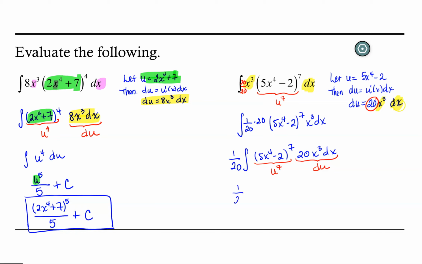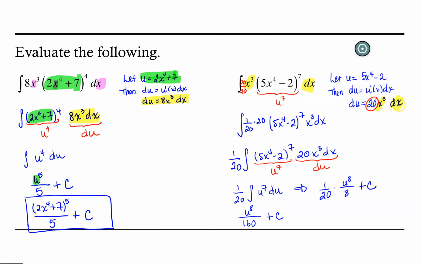So we have 1 over 20 times the antiderivative of u to the 7th du. And that becomes 1 over 20 times u to the 8th over 8 plus c. And now if I multiply those denominators, I get u to the 8th over 160 plus c.